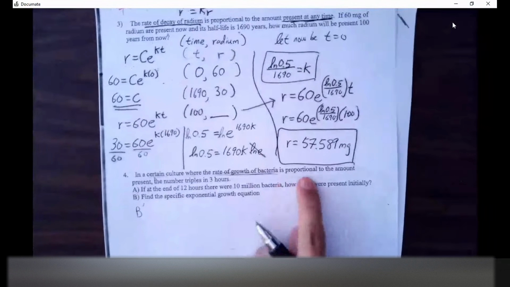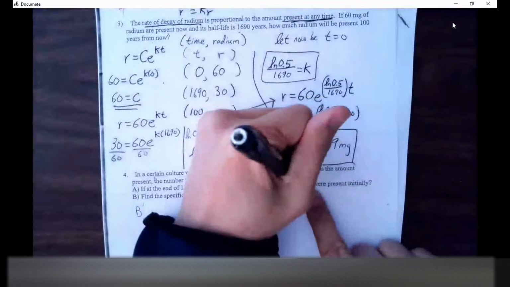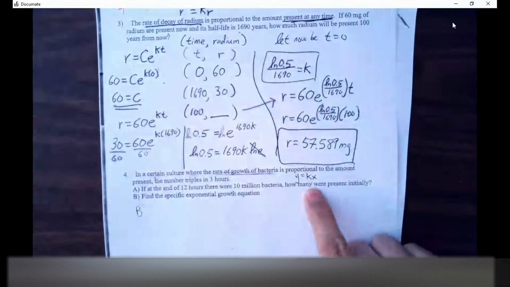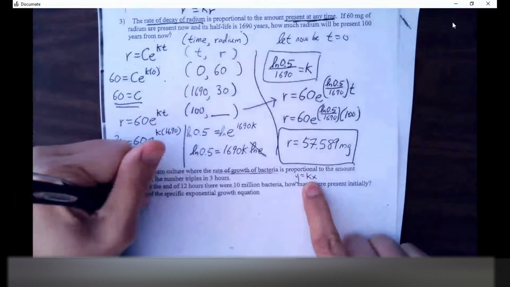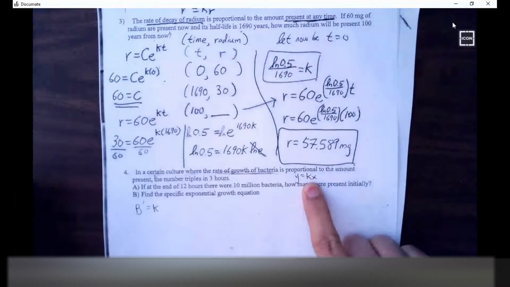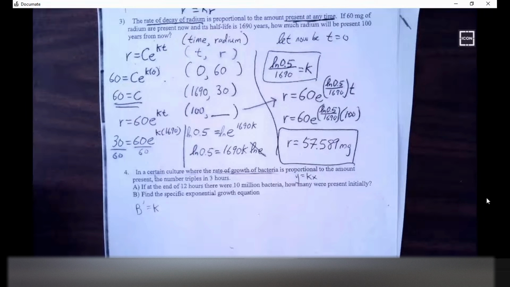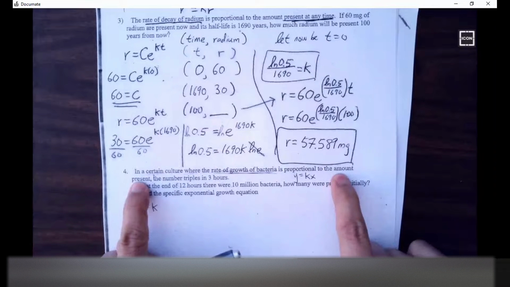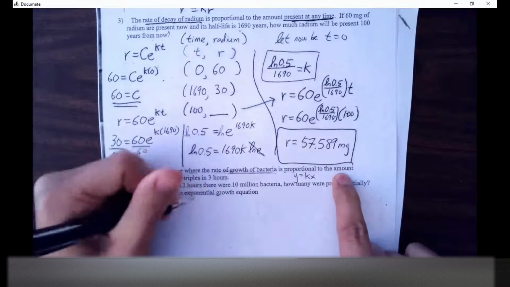We see that it is proportional to the amount, so we know that proportional equation is going to be in the form of y equals kx. So we know that k is going to show up here. Everything's in the numerator. To the amount present. So the amount present is the amount of bacteria present. So that's just B.